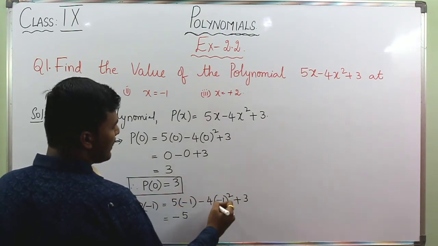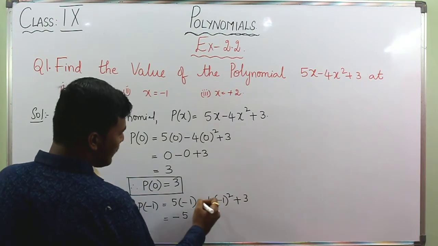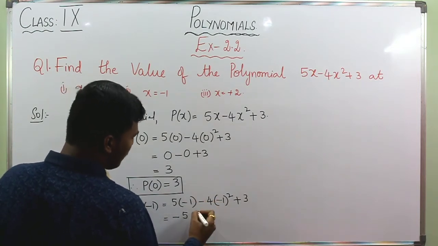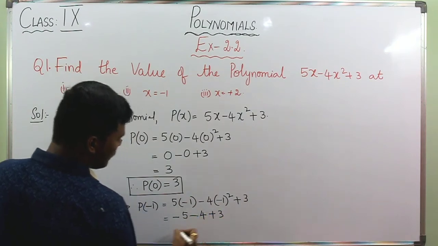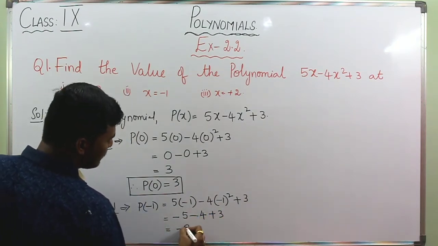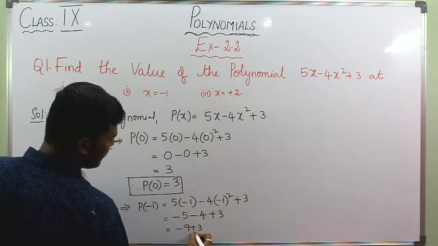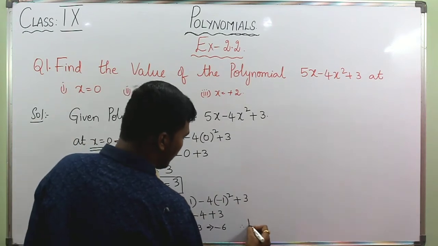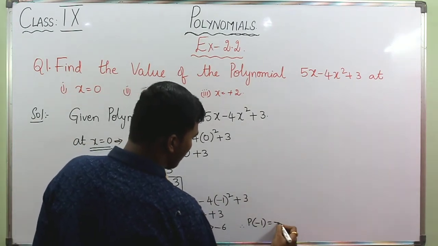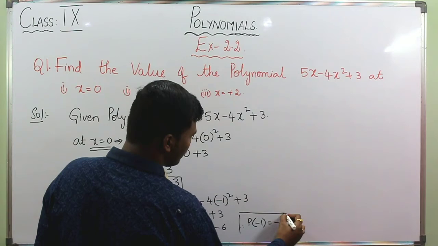Minus 1 whole square will become plus 1 only, and we have minus here, so it will become minus 4 plus 3. So minus 9 plus 3, which is equal to minus 6. Therefore, p of minus 1 value is minus 6.